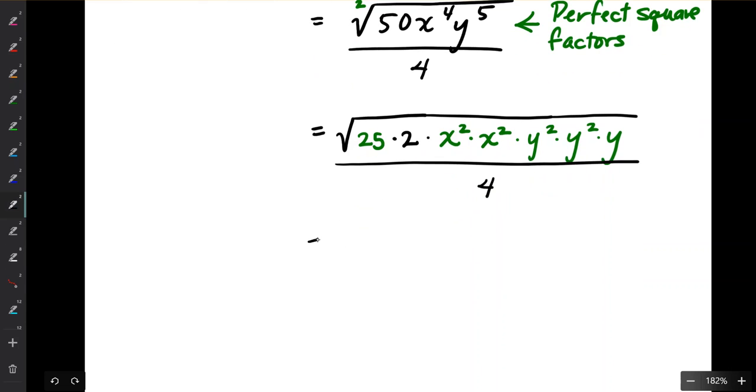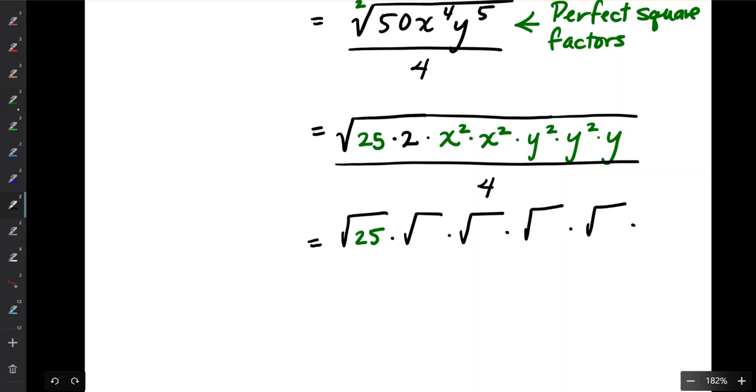And now using my product property, I've got the square root of 25, square root of x squared, square root of x squared, square root of y squared, square root of y squared.